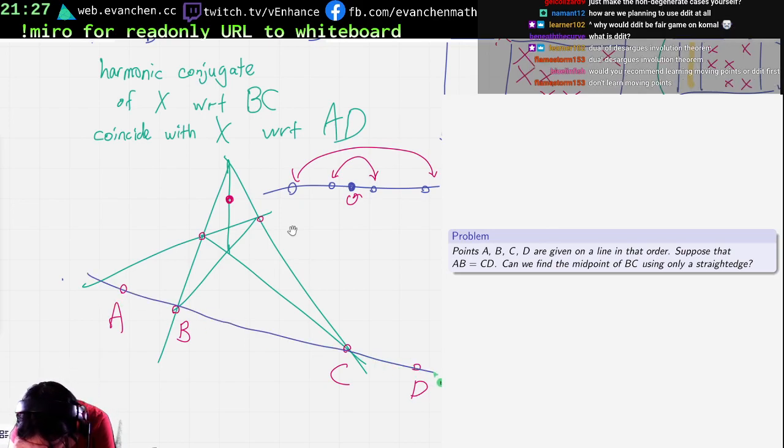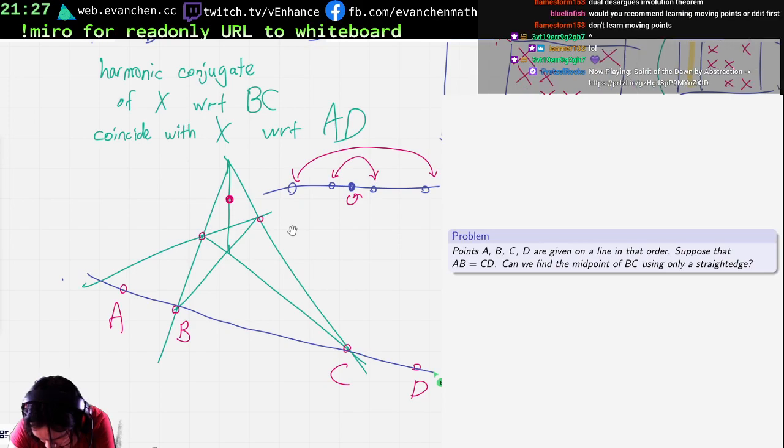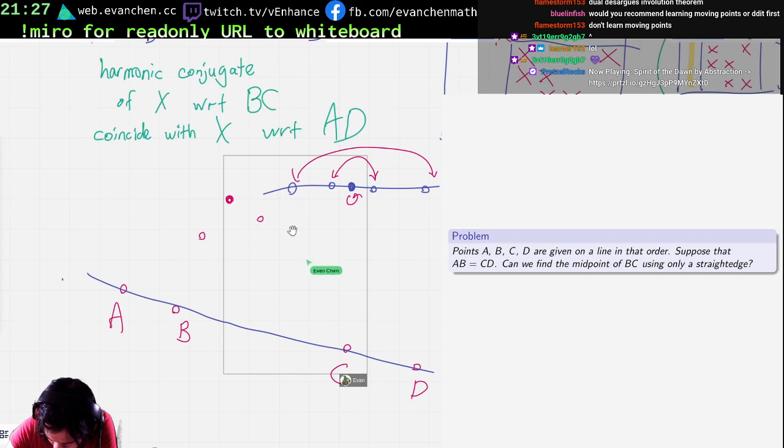And I want to construct green lines through and red lines. Learn DDIT first. Moving points is playing with fire. Okay, so I know where I'm trying to go.